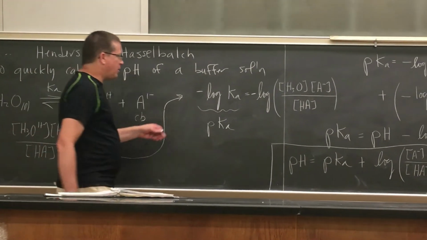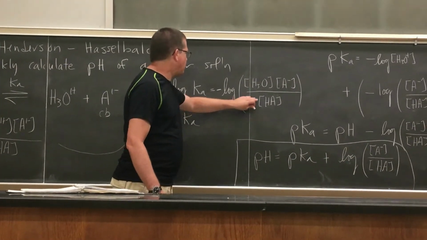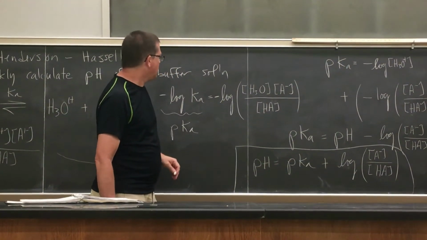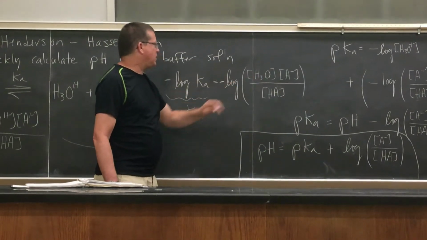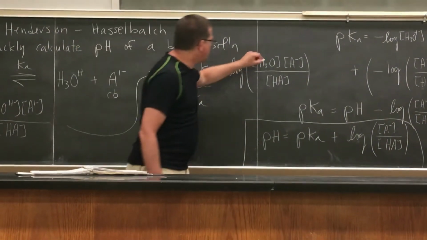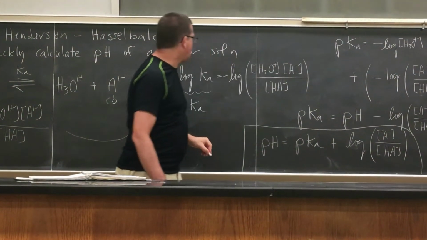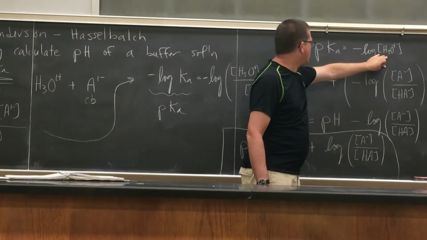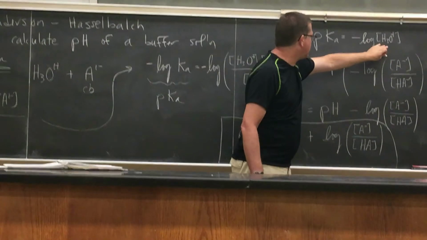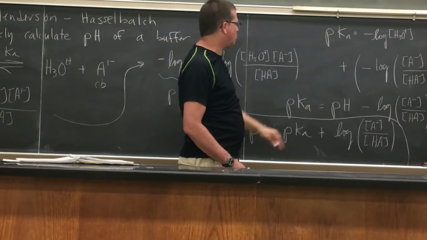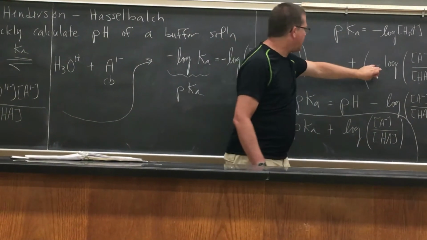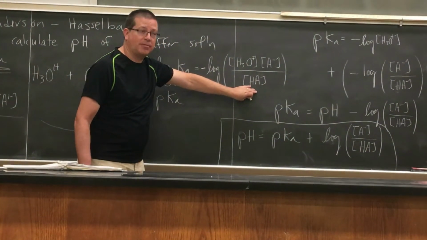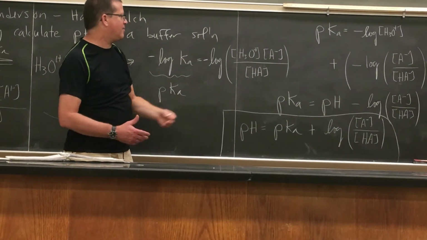Now, the other thing I can do is separate the argument of the log into two terms. So I'm going to separate out the hydronium ion concentration here. So pKa is equal to the negative log of the hydronium ion concentration plus the negative log of the anion over the acid. All right? So that's what I have next.